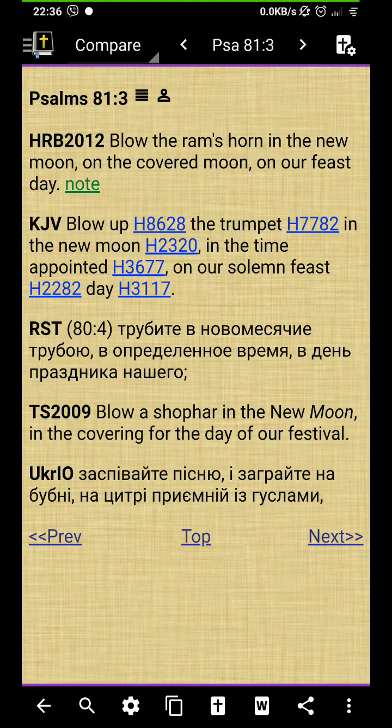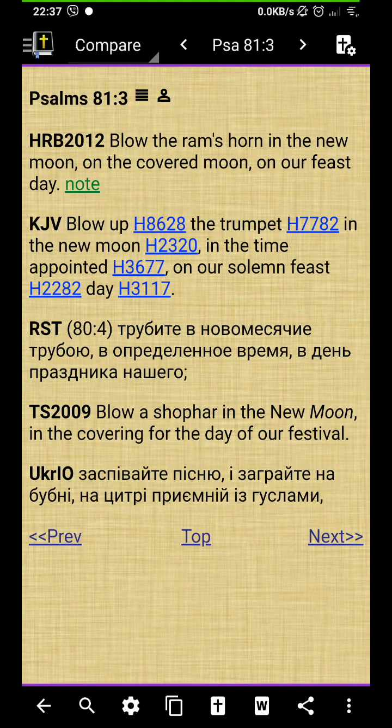But since they have this already existing mindset that month always starts with a new moon, they put new moon in here. But this is not correct because there is no word moon here. There is the word Hodesh, which means month.